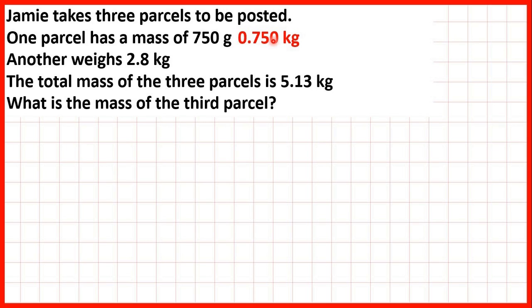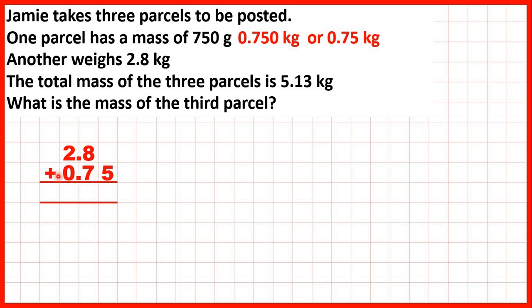But we don't need to write zeros on the end of decimals, so we could just write 0.75 kilograms. So we know that one parcel is 0.75 and another is 2.8. So if we work out 2.8 plus 0.75, that will give us the mass of these 2 parcels together, and then we can subtract that total to find the mass of the third parcel.